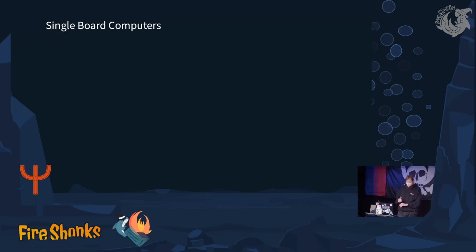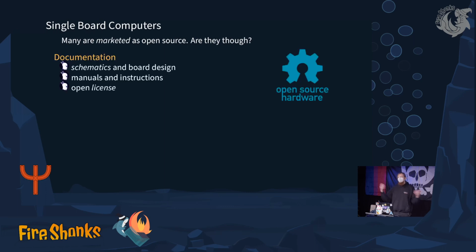So single board computers, I want to have a look at that, because it's a very common architecture, but there are some aspects that you should pay attention to. There's a lot of single board computers which are marketed as open source. But you have to look behind that. What does it mean?